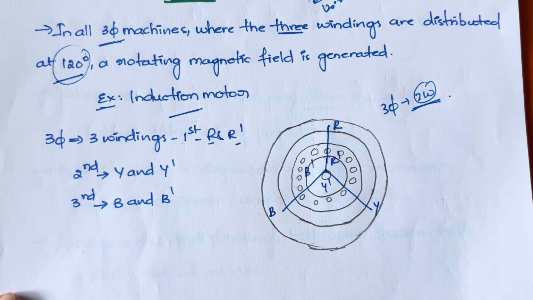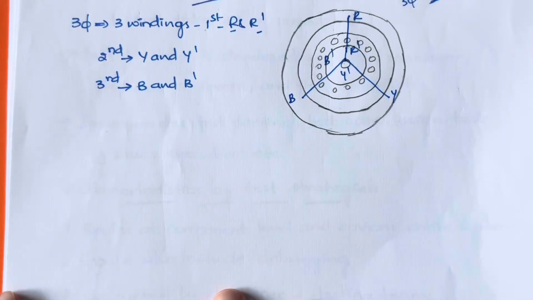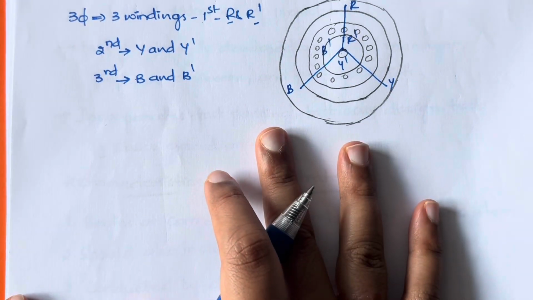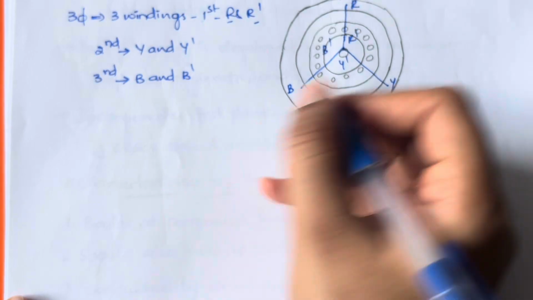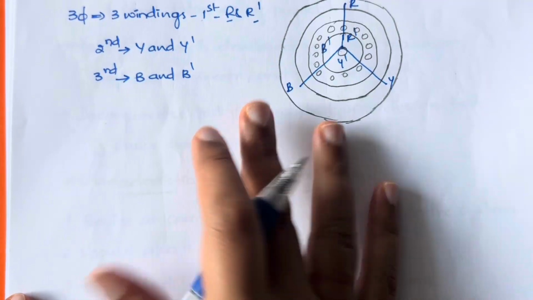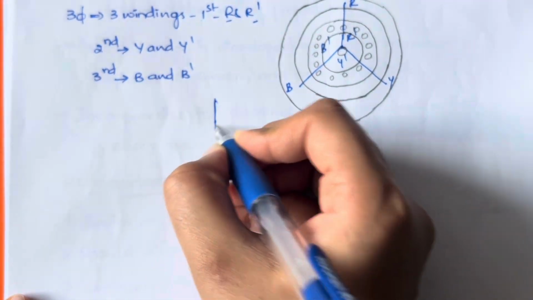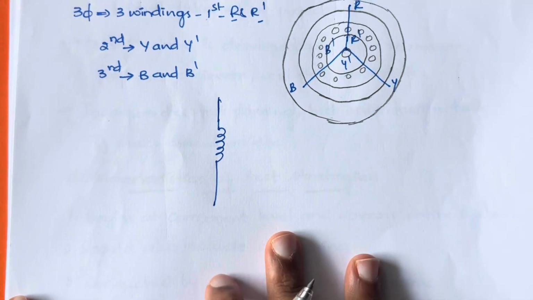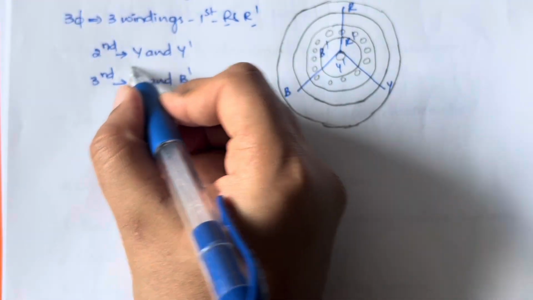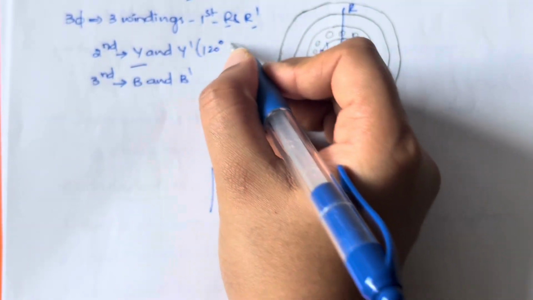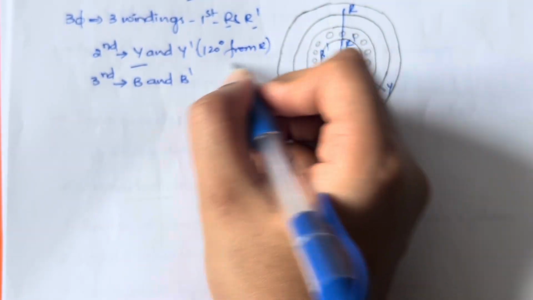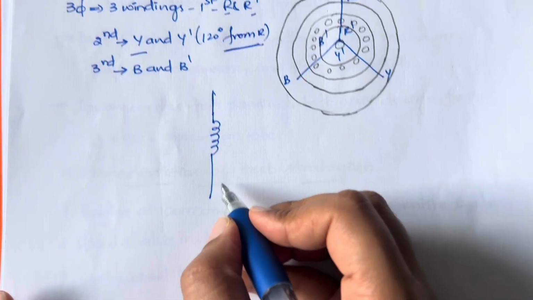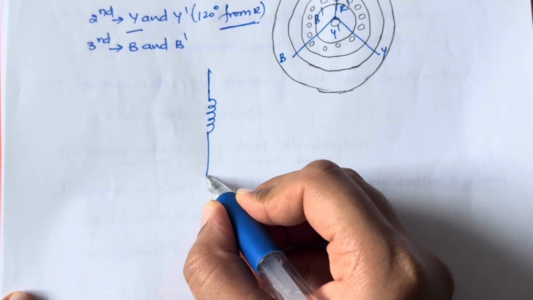If you represent this as a phasor diagram, how will it be? First this is R, right? So this is R, and then you should connect Y at 120 degrees from R, right? So that means here.